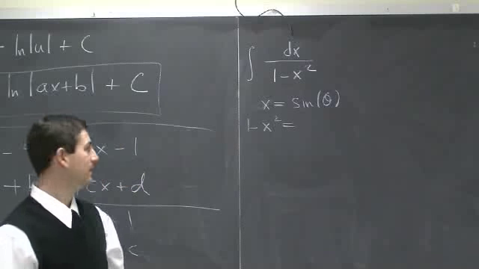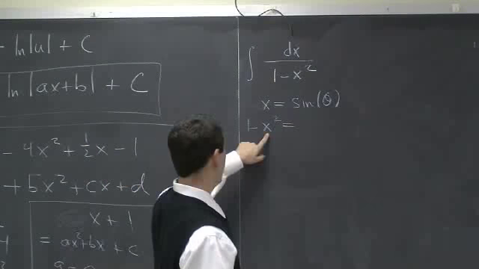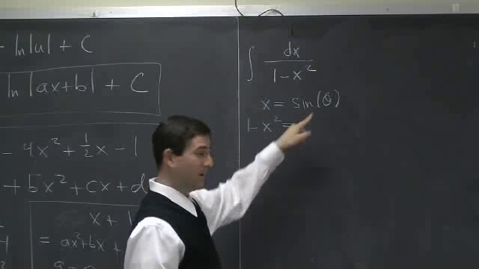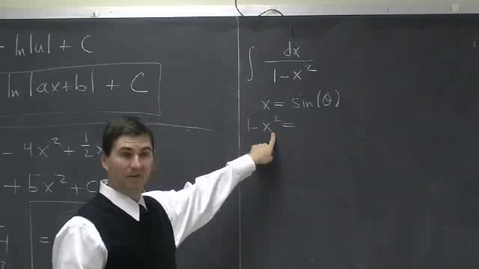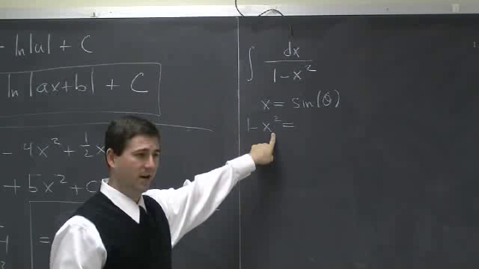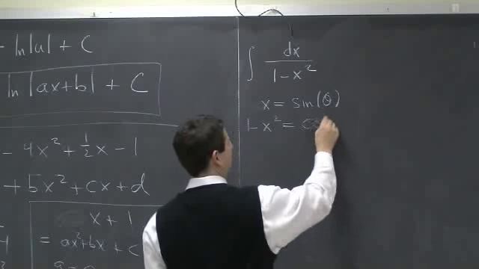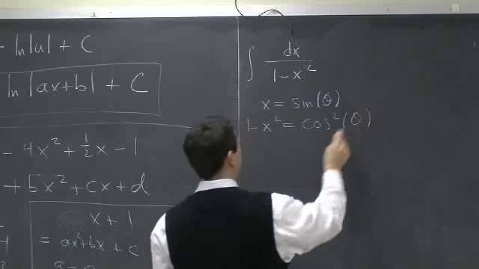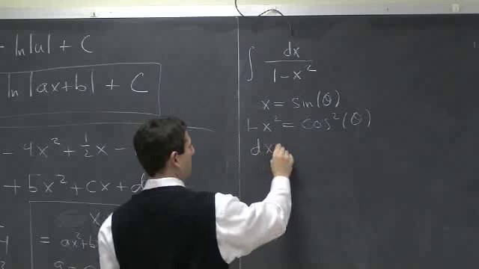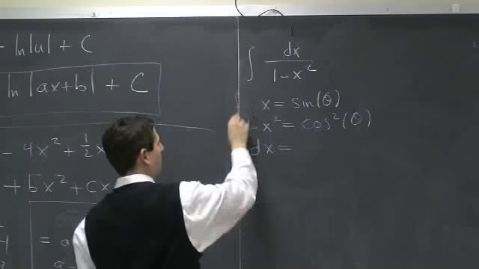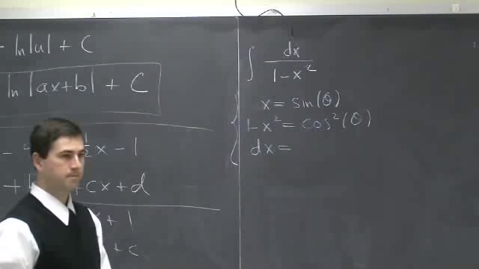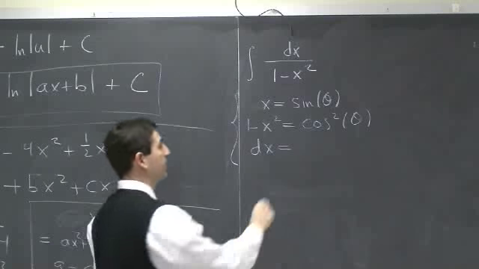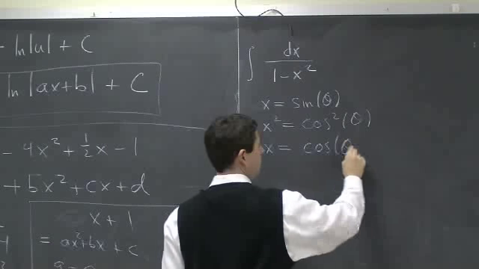Cosine squared, right? Because x squared is now sine squared, and 1 minus sine squared is cosine squared. That's the trick. And what's dx equal to? Cosine theta d theta.